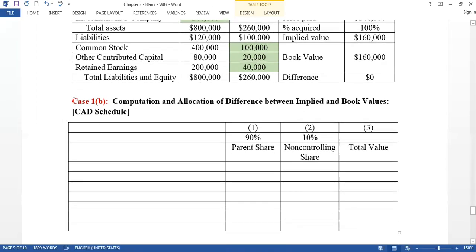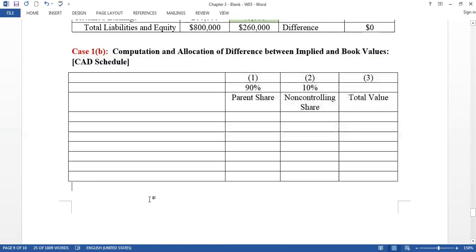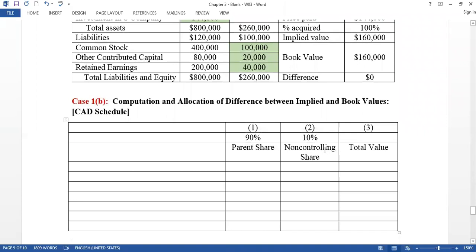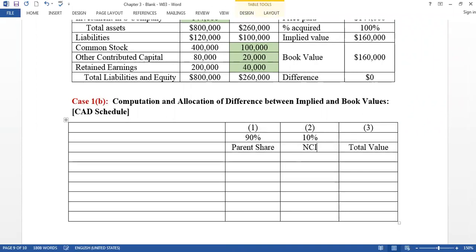These are the additional schedules you have to do if there is any non-controlling interest. So this column is the NCI, because we have to establish our NCI.